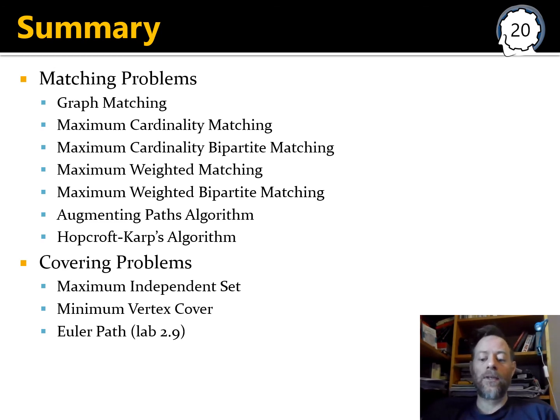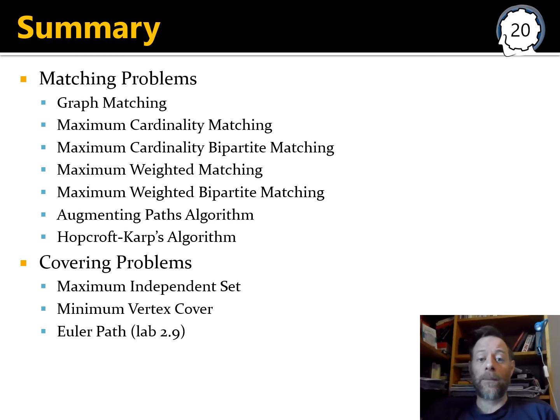Using max flow, we can solve the maximum cardinality bipartite matching. If we use min cost max flow, then we can also solve the maximum weighted bipartite matching problem. And if we want to solve the more general problem, then we have to use Edmonds' algorithm or dynamic programming using bitset techniques.